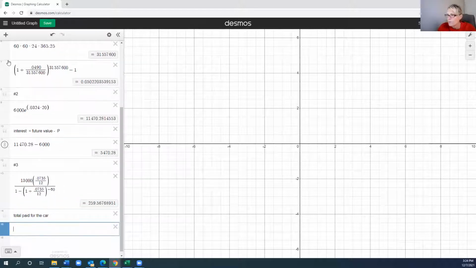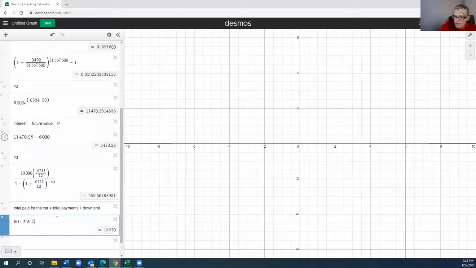And so that would be equal to total payments, right? Plus your down payment. So let's see. So our total payments would be 60 payments. They told us we're going to make 60 monthly payments times that payment of 259.57.